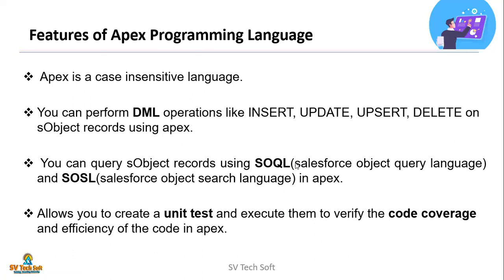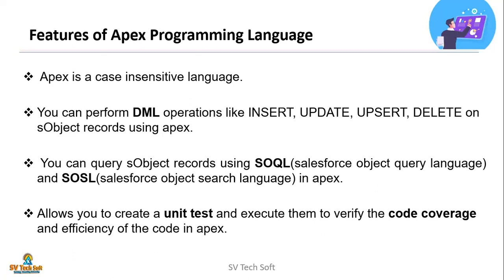In Oracle or SQL Server, we write a query like select star from employee, meaning all the data in employee is fetched. Similarly, to query any record within Salesforce Apex, you write SOQL, which is used for querying records.